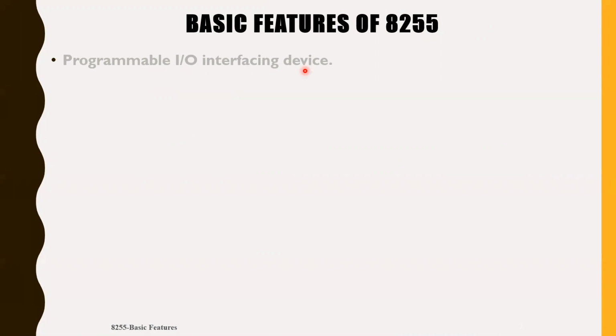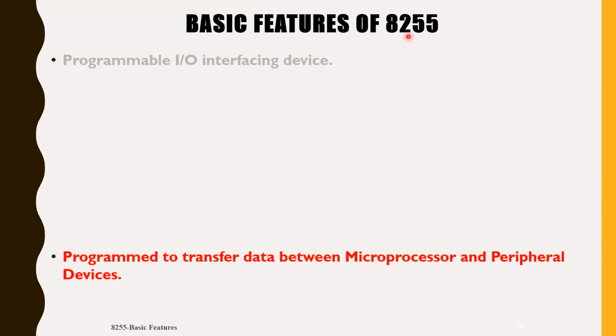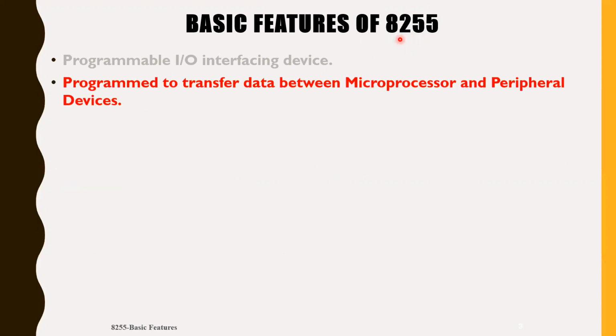If the microprocessor wants to exchange data with these peripheral devices or vice versa, we require another device called an interfacing device, and it is none other than the 8255 IC.